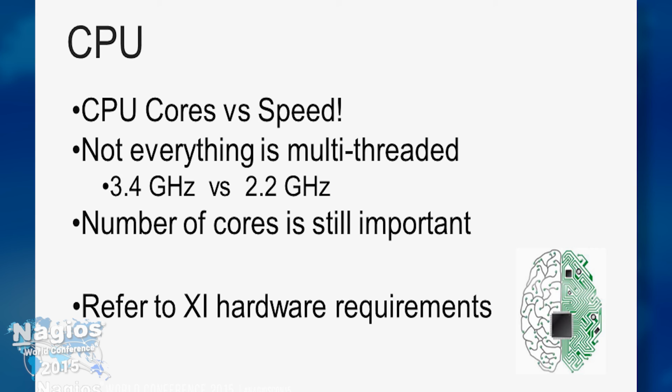So for those non-multi-threaded products, a 3.4 gigahertz CPU is going to do things a lot quicker than a 2.2 gigahertz CPU. It's still important to increase the number of cores, but if you're doing hardware purchasing, make sure you don't skimp on the quality of the CPUs you're getting.